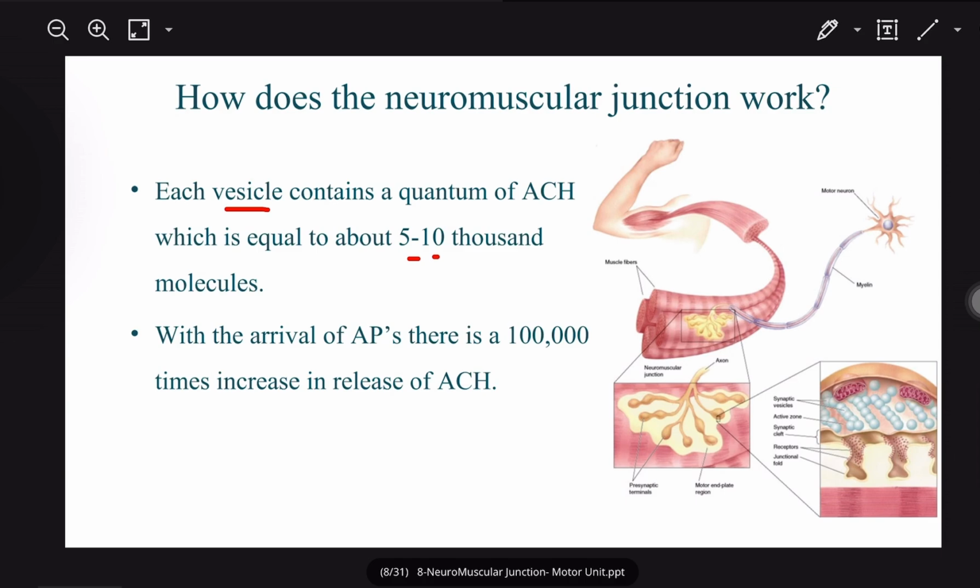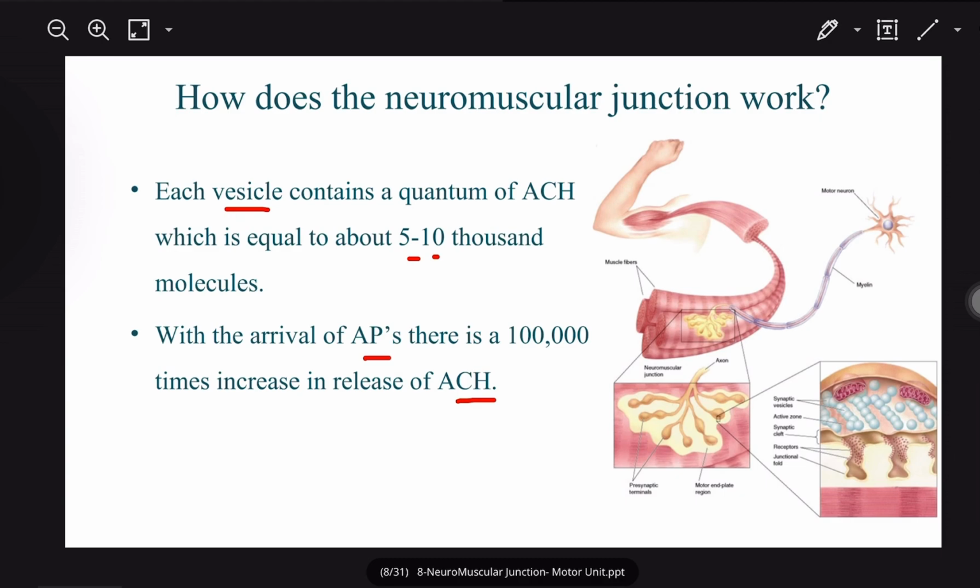This is a huge number compared with the arrival of the action potential. There is a 100,000-times increase in the release of ACH with the action potential.